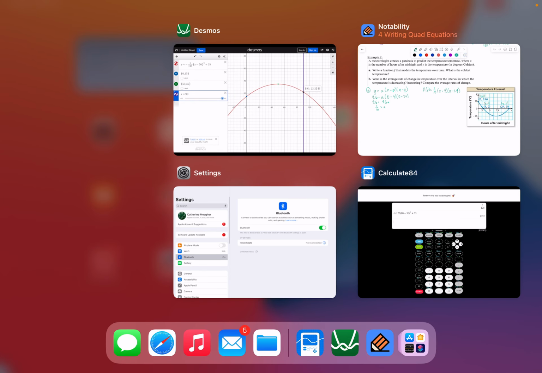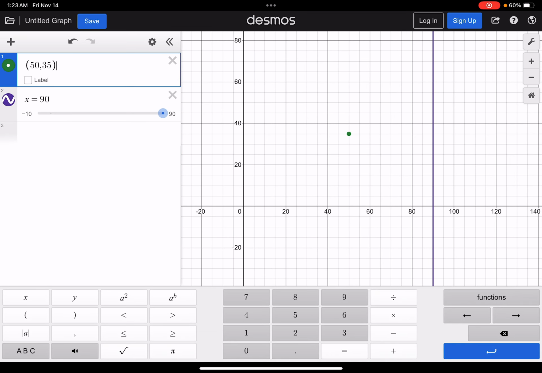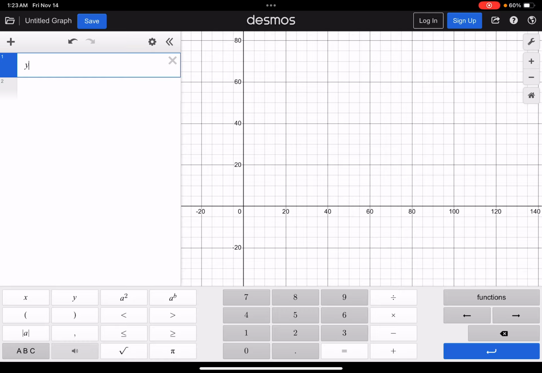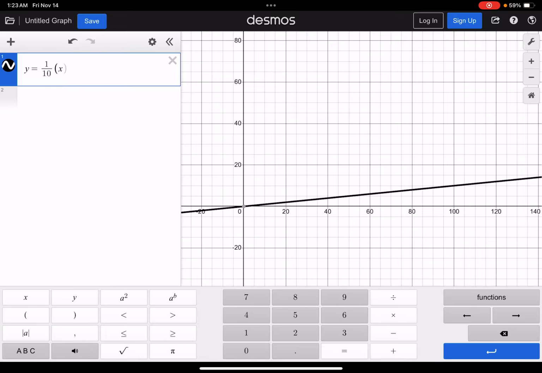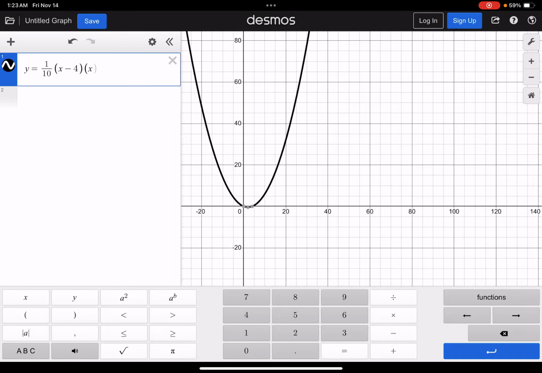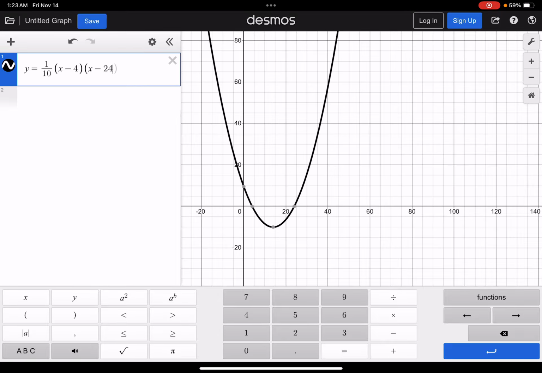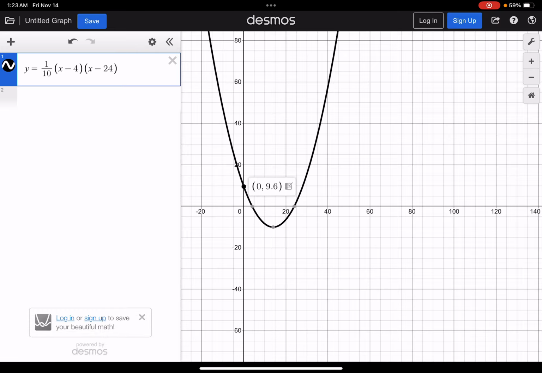Again, I can go to my graph and type it in. It doesn't matter if I do f of x or y. It's the same thing. So we have y equals 1/10 times (x minus 4) times (x minus 24). Okay. The y-intercept should be (0, 9.6), which it is.